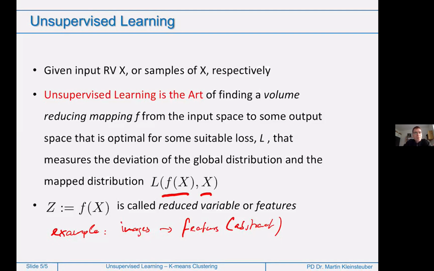All unsupervised methods are dealing with reducing the dimensionality of the input space in some case. Would you contradict me, Umer or Ryan? No, I think that's fine. Good. Perfect.